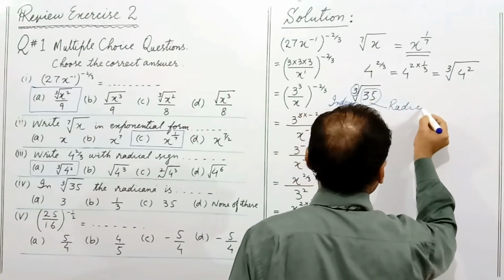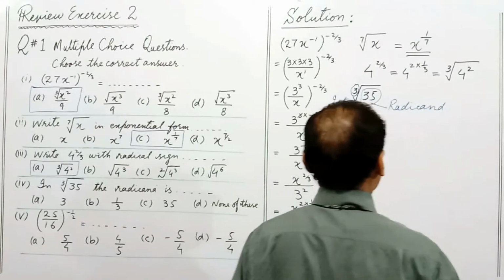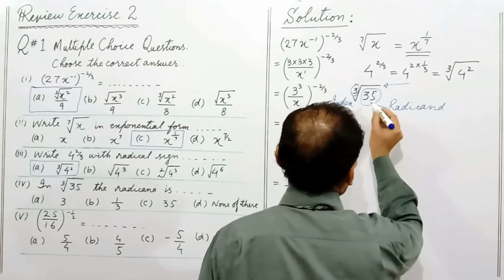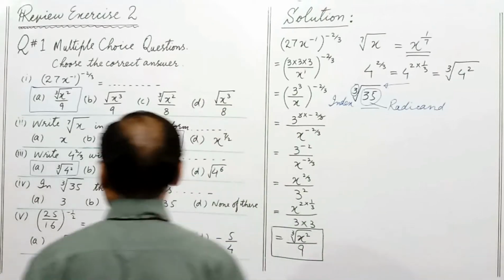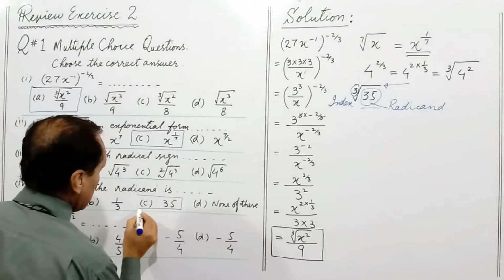That is the radicand. All the values which are written under the root sign, that value is known as the radicand. So hence the right answer is option C, 35.